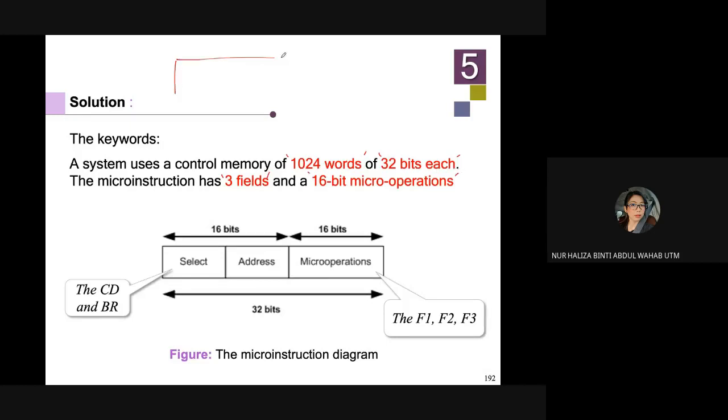So you have 16-bit for your micro operation, and because you have 3 field, there is another 16 bits. Altogether is 32 bits. So you need to put like this, but you still not know what is the length for your select and also your address.